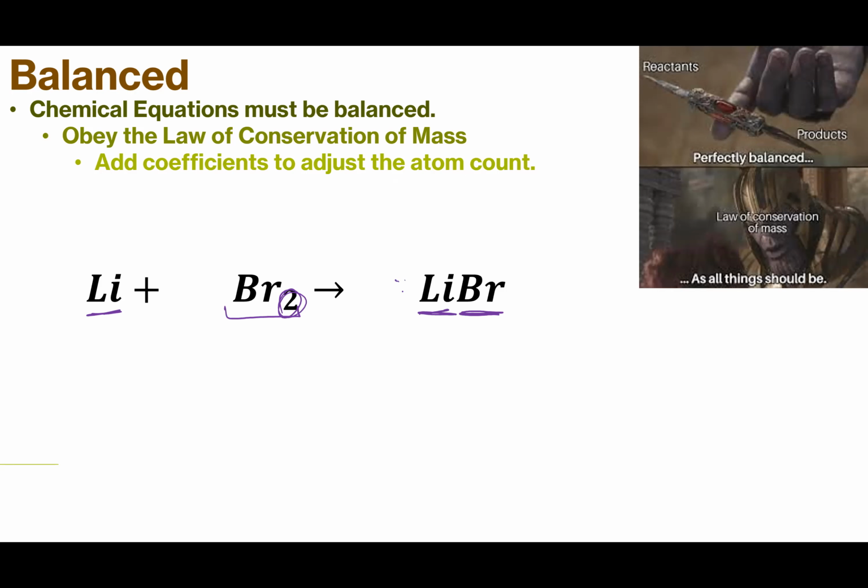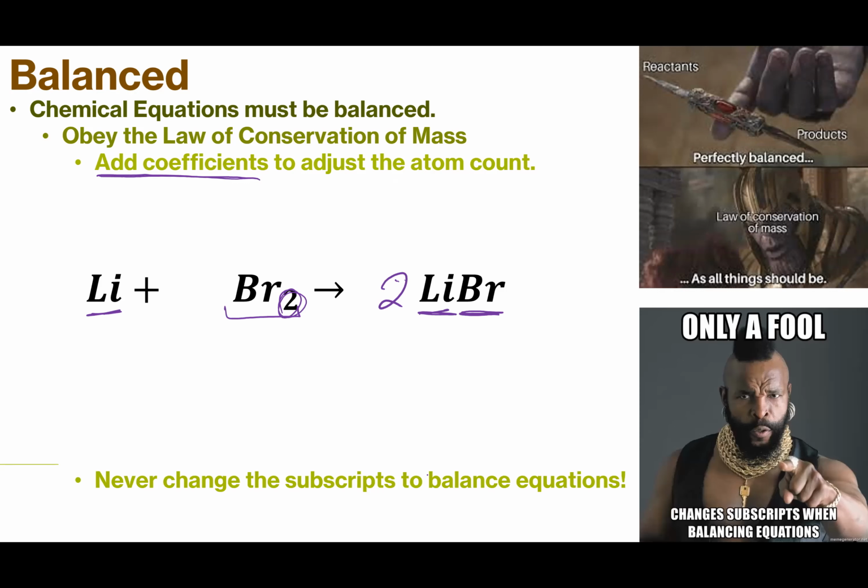We can only do this by adding coefficients. You cannot change the subscripts. So we've put this 2 over here, that fixes the bromine, but it also messes up the lithium because now there are 2 lithium over here. So we're going to need a 2 over here to fix the lithium. And now it is balanced.